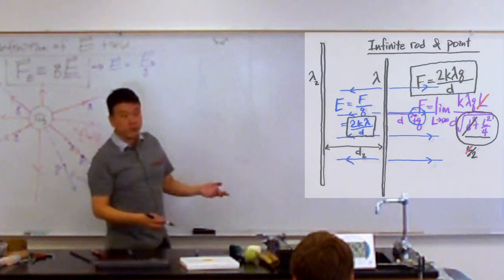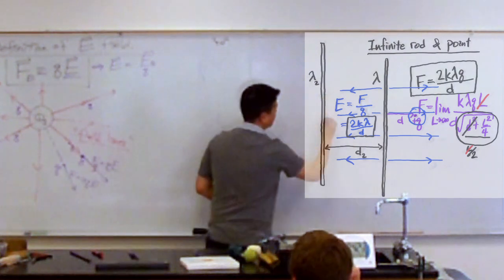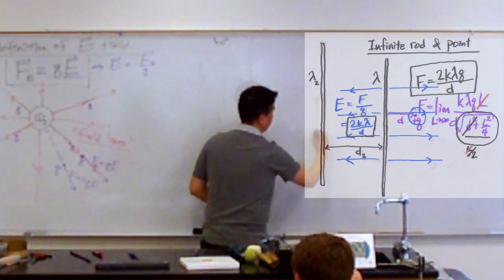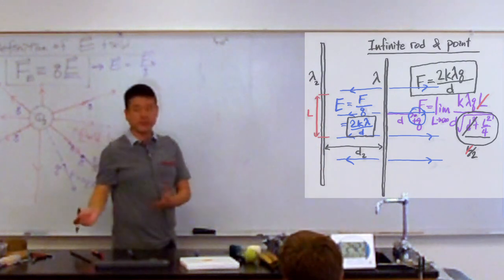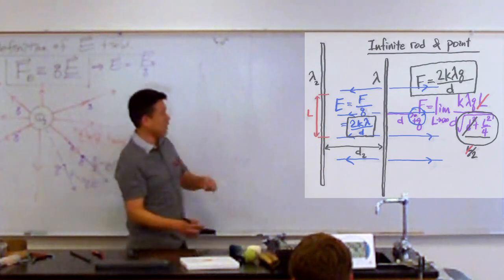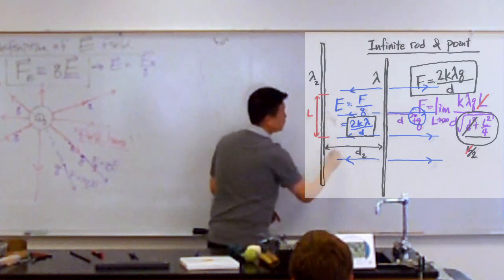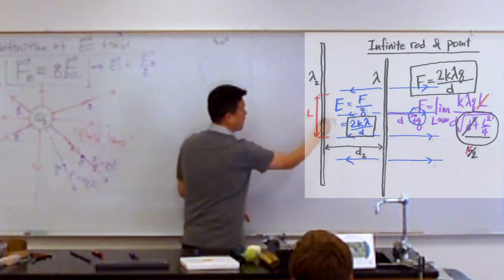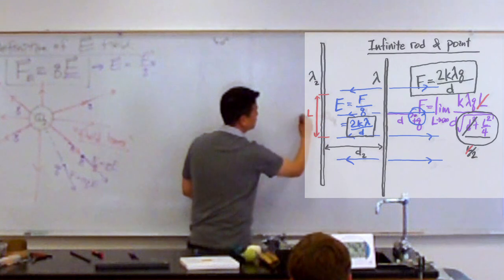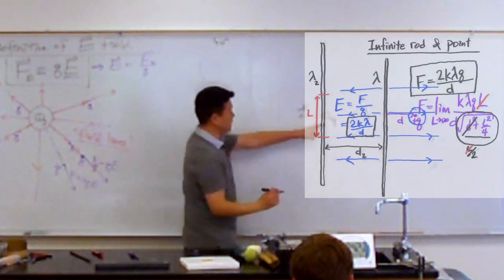And let's say you wanted to know the amount of force over some length L. How would you calculate it? Let's just look at a small section of this that contains charge dq, and I want to figure out what is the small amount of force, dF, on this small segment.